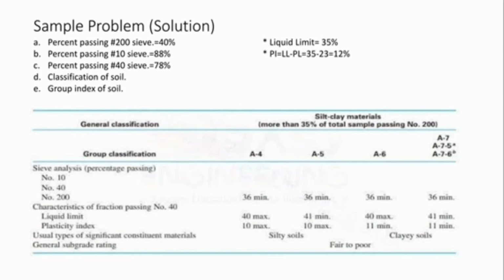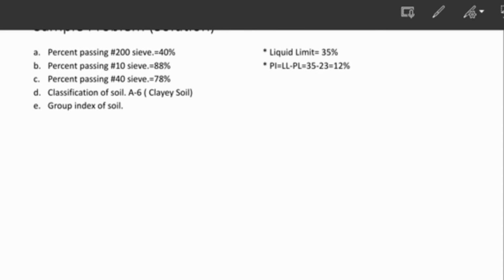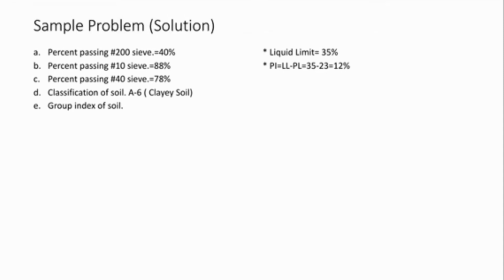Next, classification of soil. Today, I'm going to show you how to find the classification of soil. Given the liquid limit of 35% and PI of 12%, classification of soil using the table, our class is A-6, or clayey soil.